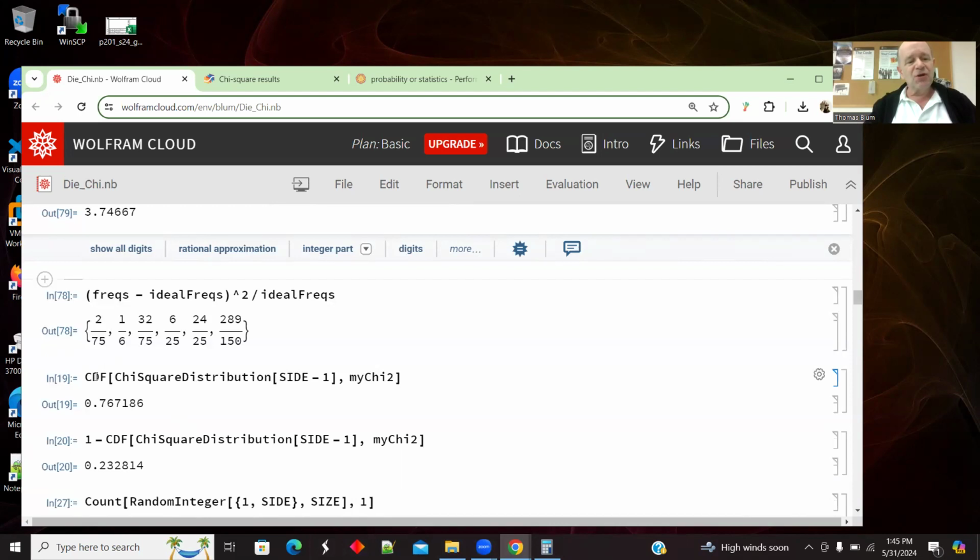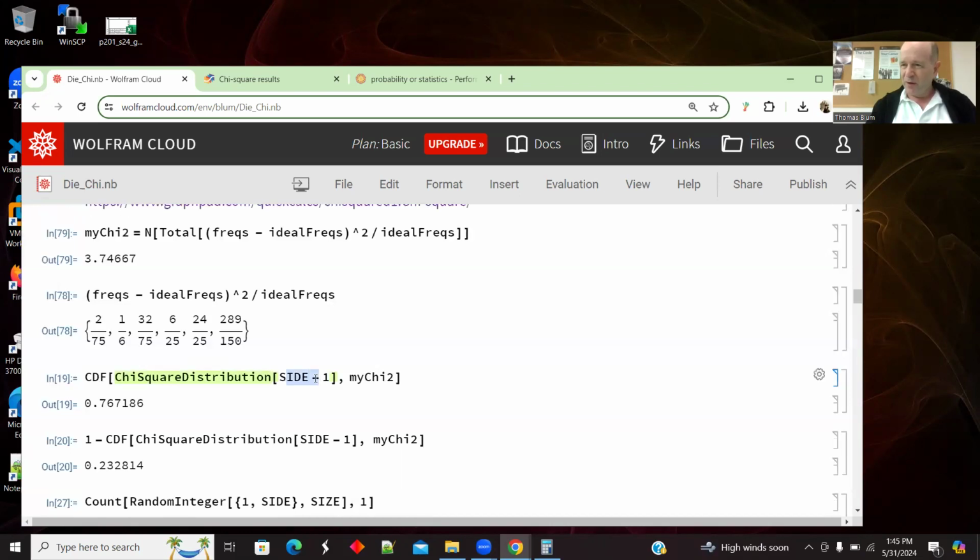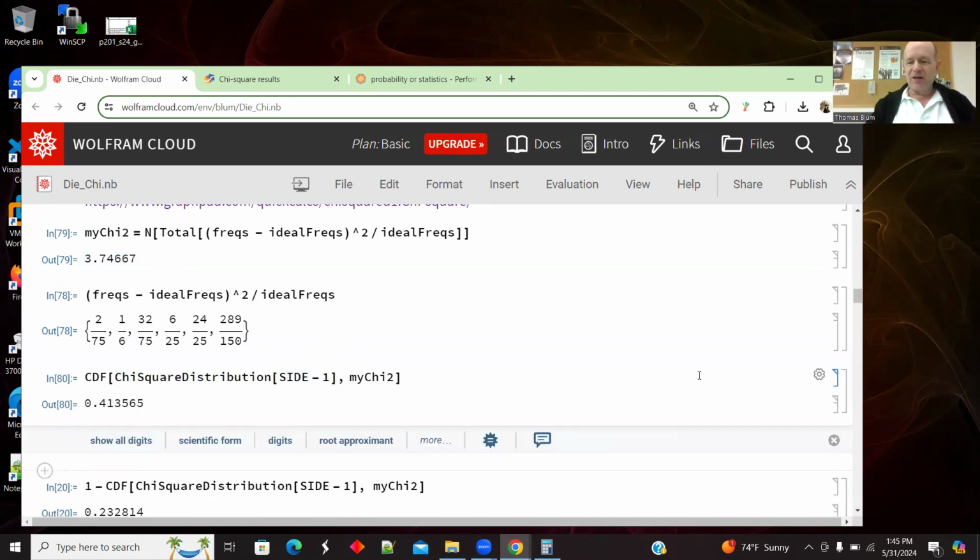But here I'm switching over to the CDF, the cumulative distribution function for the chi-squared. Chi-squared is parameterized by the degrees of freedom, which was 1 less than the sides of my dice. And then the CDF becomes a function of this value, chi-square. I'm putting in the chi-square particularly for my function, and that gives me some calculation.